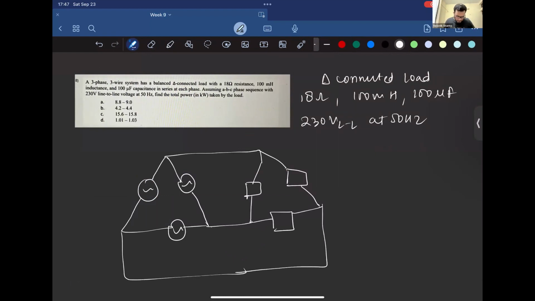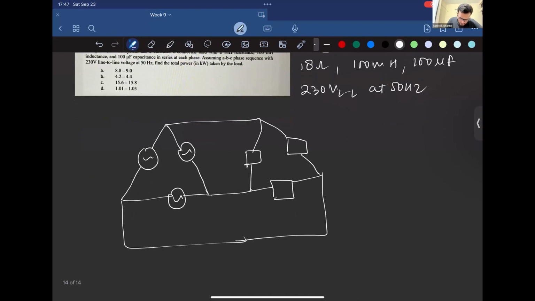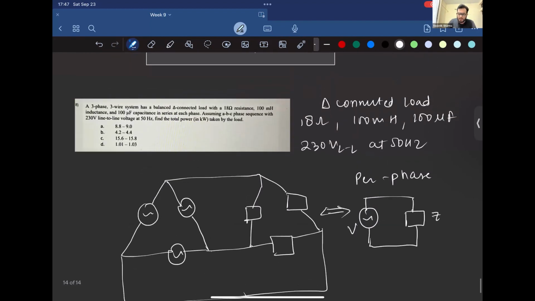Since it's a balanced circuit with balanced loads and generation, you can represent the same thing in a per phase diagram. That is, you can convert this three-phase circuit into a single-phase circuit. So there is this voltage source connected across this Z impedance.